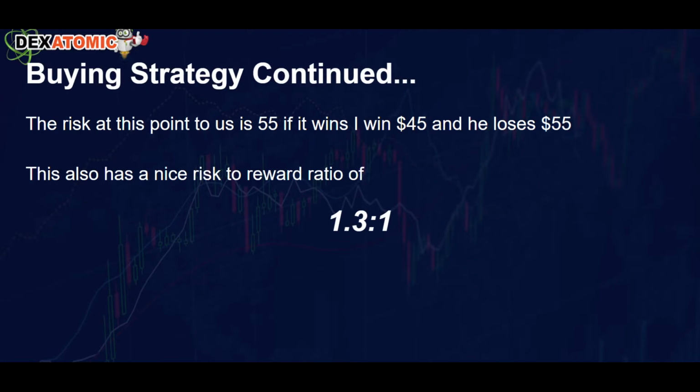The buying strategy also has the risk at this point. If it wins, I can win $45, and he loses his 55. This is also called a risk to reward, right? I'm risking 55 to make 45, and that's a 1.3 to 1 risk to reward ratio.